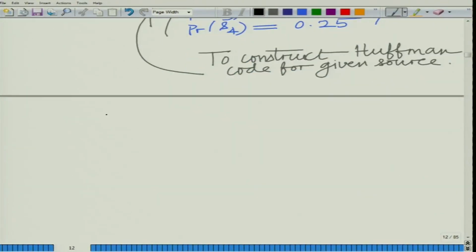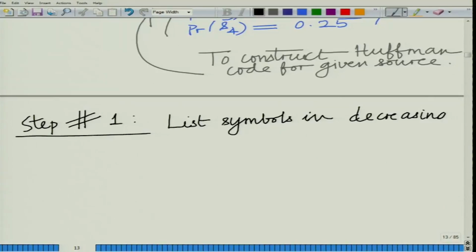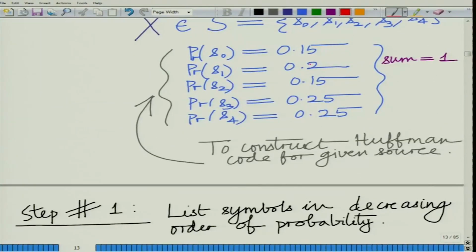Now the first step, if I were to write this in steps for clarity: list the symbols in decreasing order of probability. So you can see that the probabilities are 0.25, 0.15, 0.2.